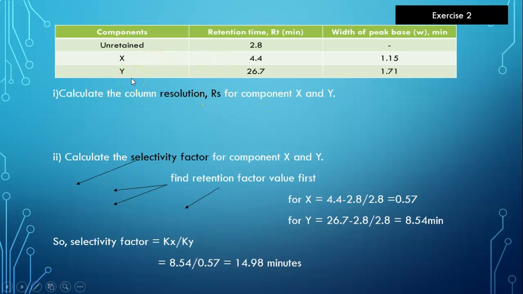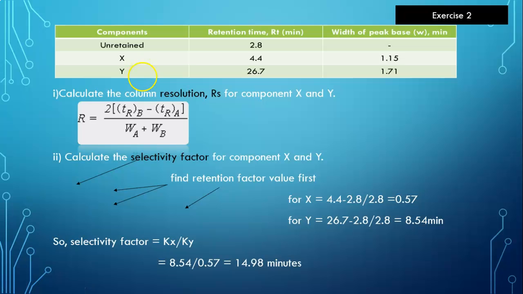So you need to use the resolution formula given in our last notes, which is Rs equals 2 times tR(B) minus tR(A), which is the retention time for A. So you need to subtract B first with A, not A minus B, okay?